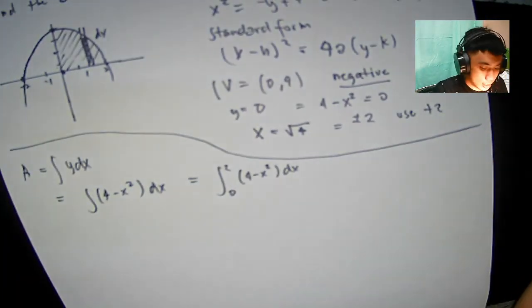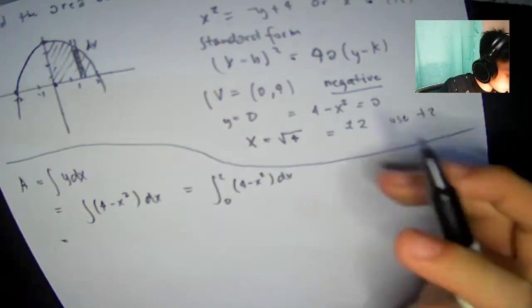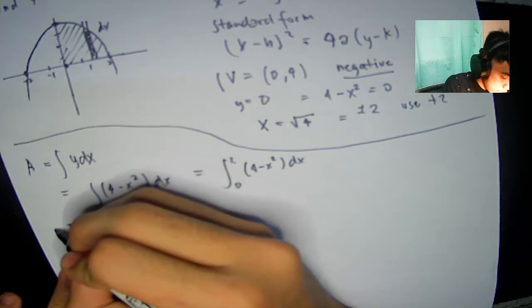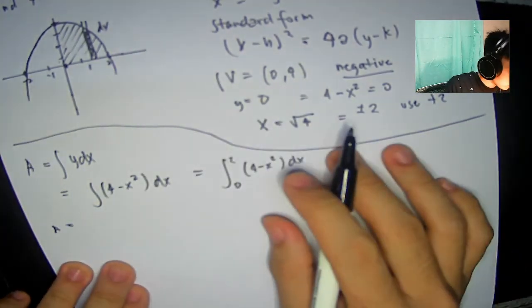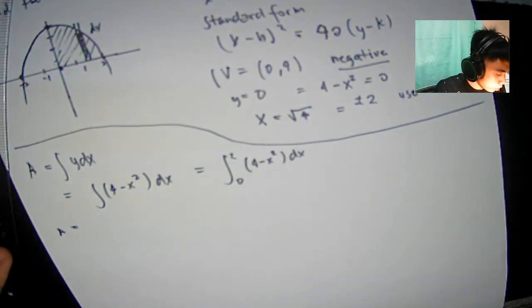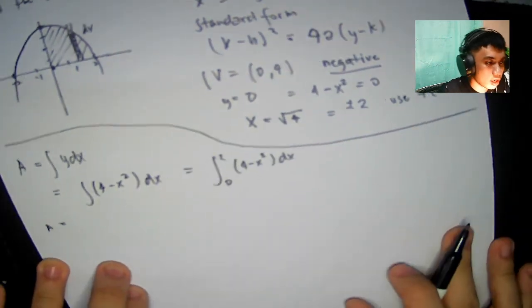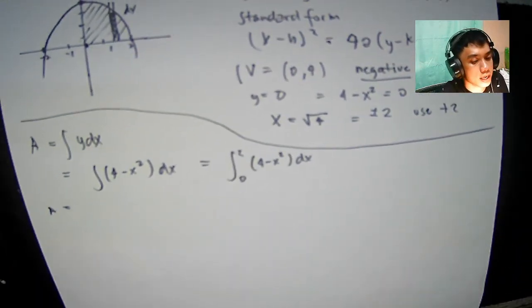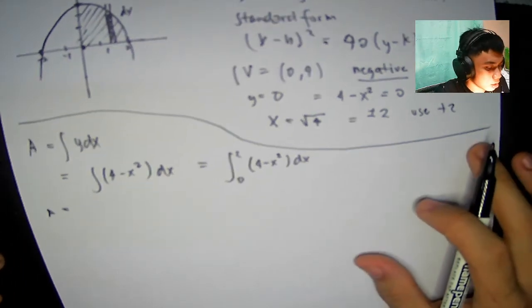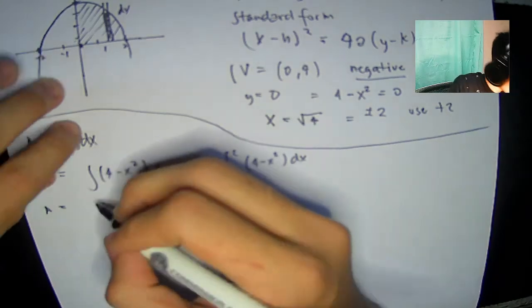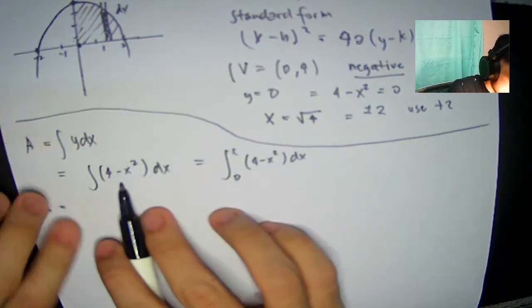So let's integrate. Here A is equal to, applying the same rules from our last lesson, we just integrate this.